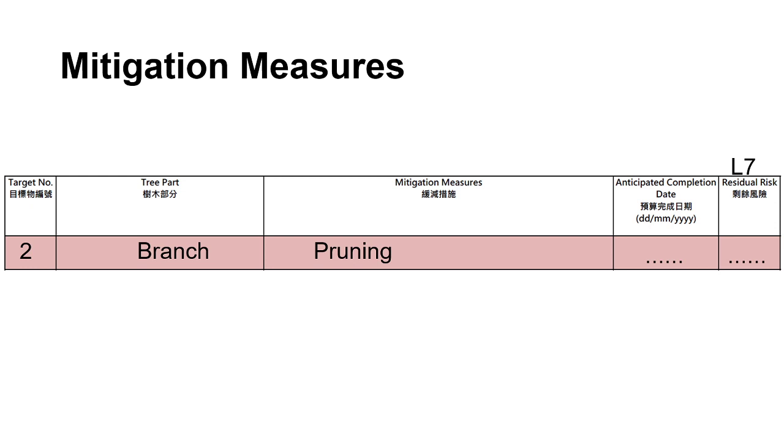So if you complete the mitigation measure, you conduct the tree risk assessment again, use the risk rating matrix again, and you find out the residual risk. That is quite simple. If you know how to use the risk rating matrix in the previous section, then you know how to use the same matrix again in this section.